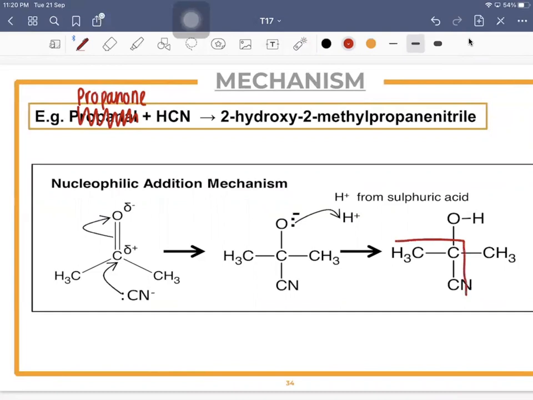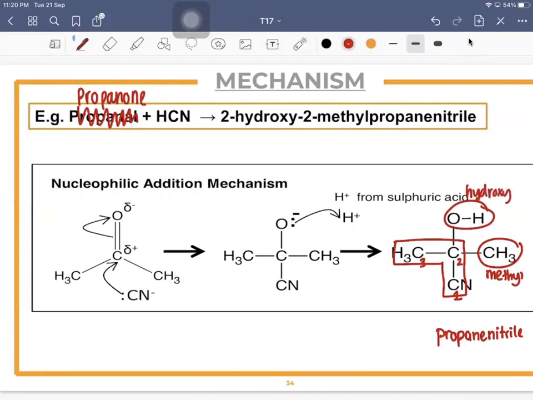If I name this, that's carbon 1, carbon 2, carbon 3, so that is a propanenitrile. And I've got methyl and hydroxy as my side chain.